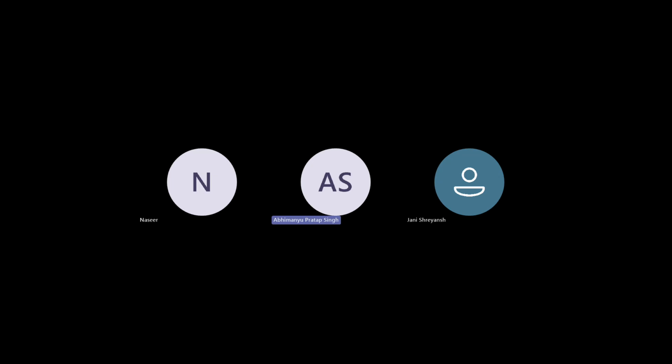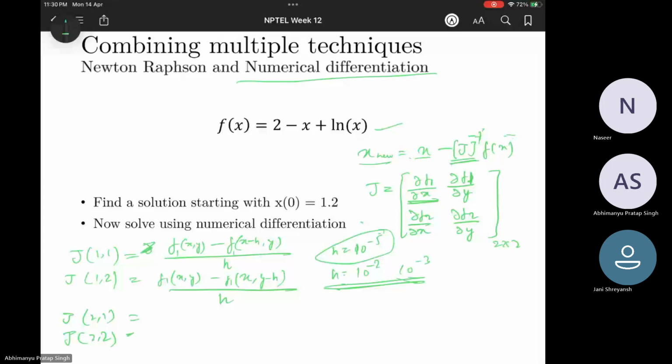So any doubt in this part, the numerical Jacobian, how we are calculating that? Is this part clear to you guys? So we have this Jacobian which we want to calculate. How do we do that? We perturb it like so. We have four elements in here. For each element, we perturb one part of the function.